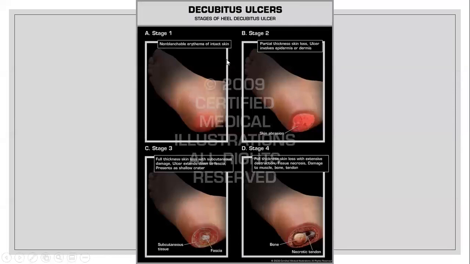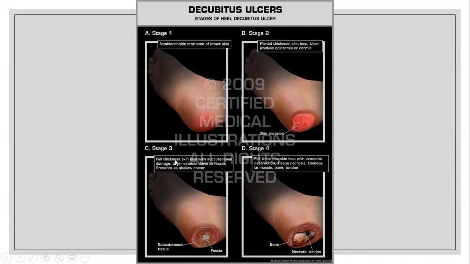In this picture, we can see the 4 stages of ulcer. Stage 1 shows non-blanching erythema and the skin is intact. Stage 2, partial thickness skin loss, and the ulcer involves the epidermis and dermis. The two outer layers of the skin we call the epidermis and dermis. In stage 2, these 2 layers get involved.